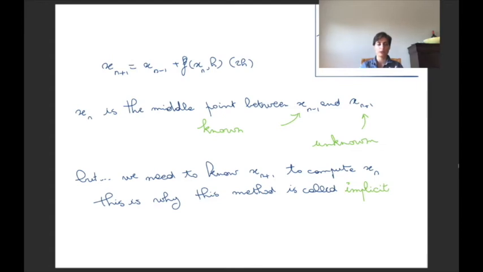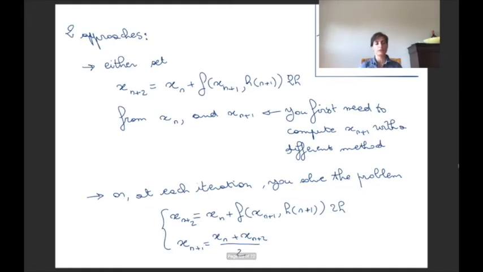So we need to know xn plus 1 in order to compute xn. This sort of loop, where you need both elements, makes this method what is called implicit. It's still possible to solve it, but it's not as straightforward as the Euler method that we have seen before. So let's look a little bit at how you can solve this.